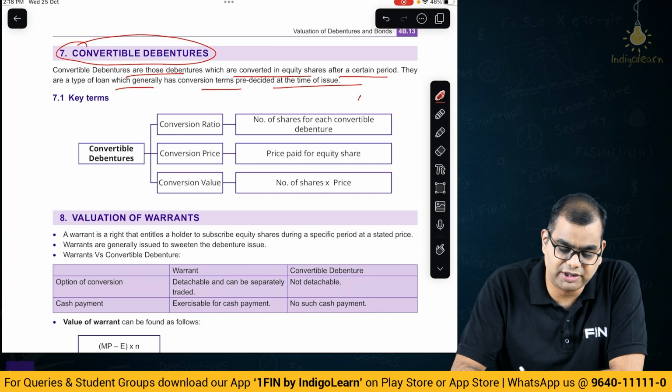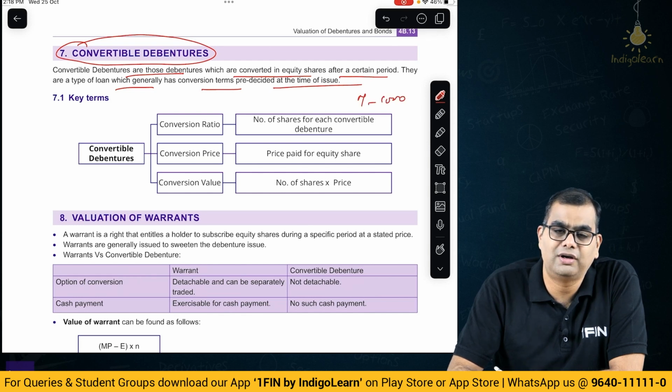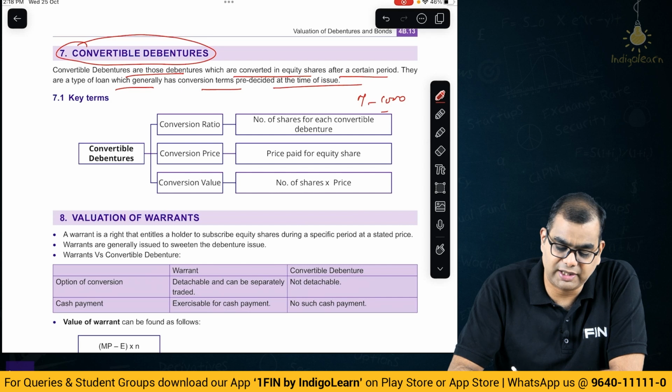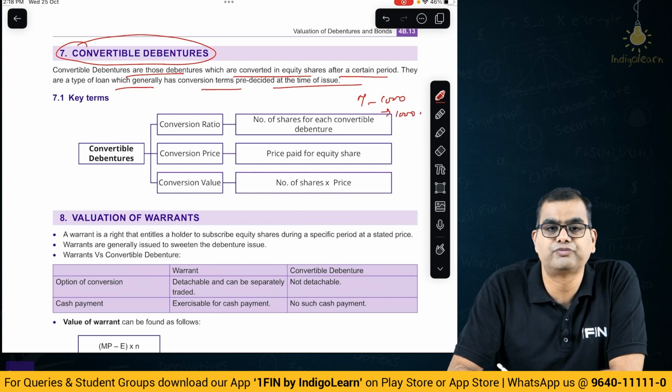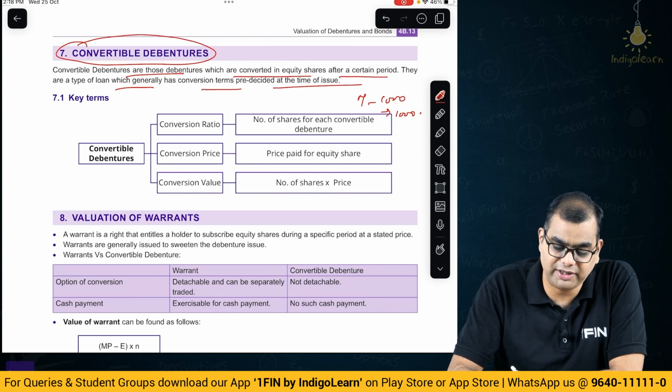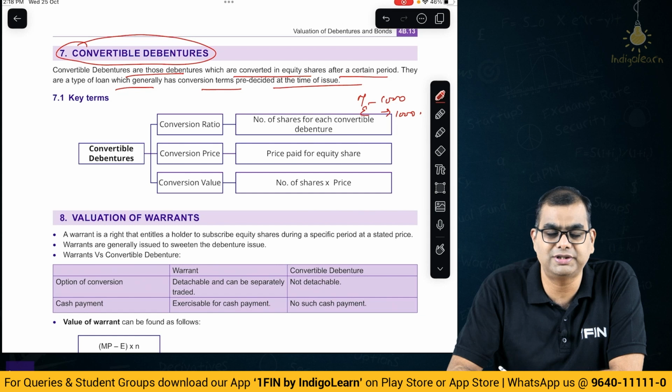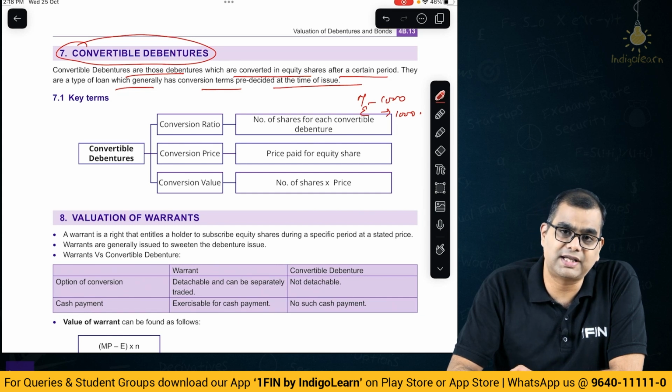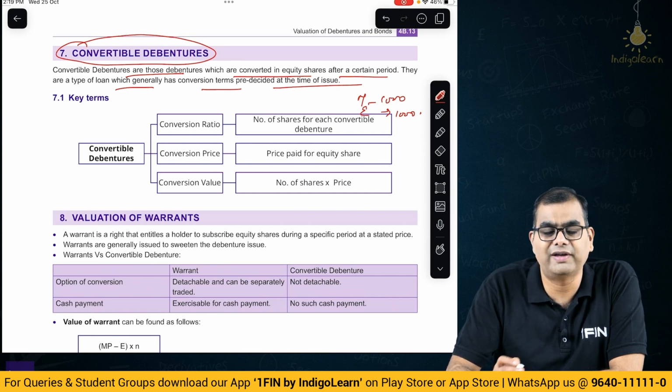Let us say the maturity value of the bond is 1000 rupees and each bond is converted into an equity share at the rate of 1000 rupees per equity share. You are converting at the option of the bondholder into an equity share, where the equity value is pre-decided at 1000 rupees. And it is decided that this conversion option will kick in after 5 years. Bond maturity is 6 years, and this conversion option will kick in after 5 years.